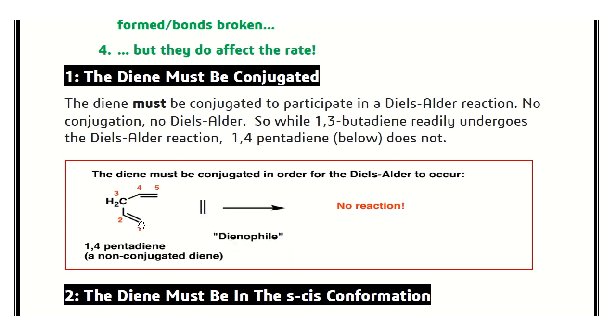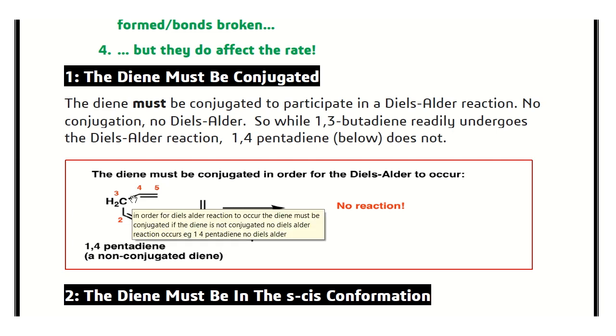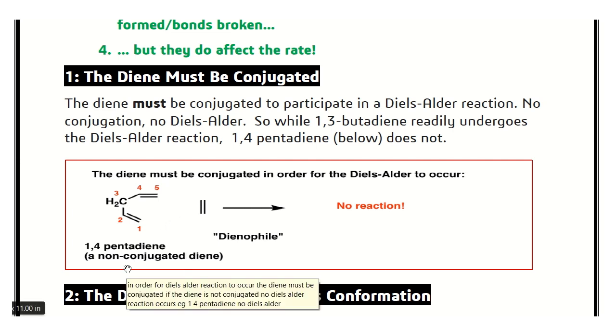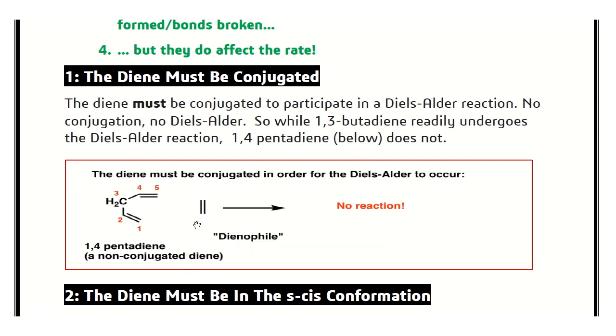For conjugation we must have double, single, and then a pi bond. But in the case of 1,4-pentadiene, 2 consecutive sigma bonds are present, and that's why conjugation is absent. So 1,4-pentadiene cannot undergo the Diels-Alder reaction with any type of dienophile.